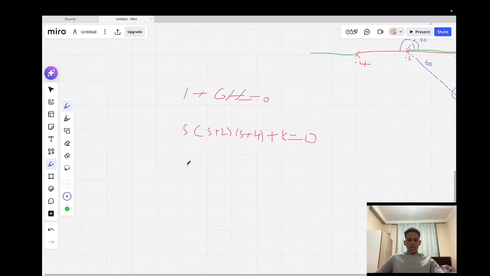So it will be s cubed plus 6s squared plus 8s plus k equals 0.